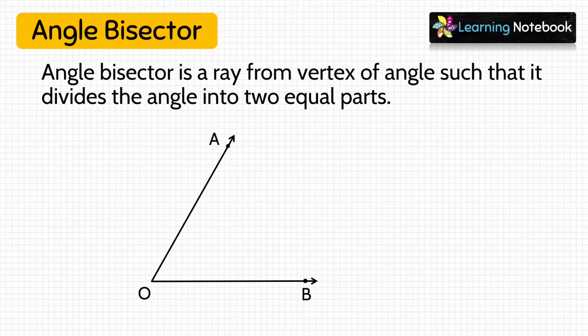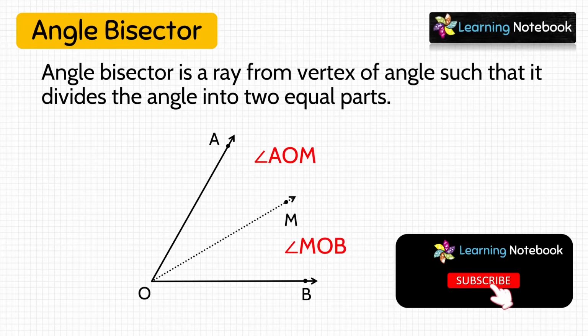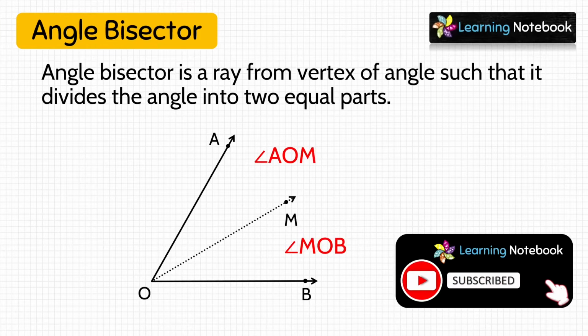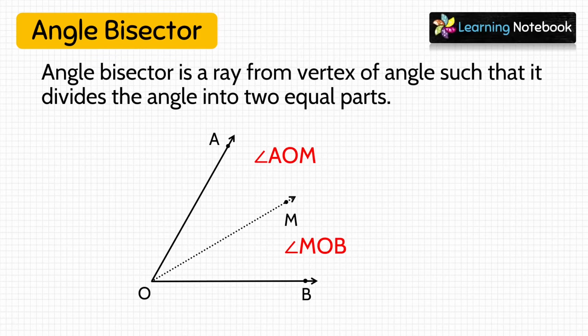See the diagram here. Here we have an angle AOB and ray OM divides this angle into two equal parts. So OM is an angle bisector which divides this angle into two equal parts, angle AOM and angle MOB.